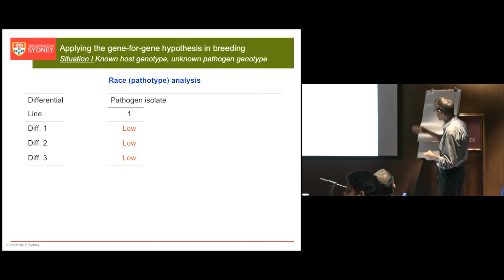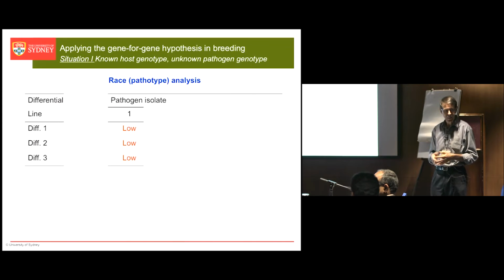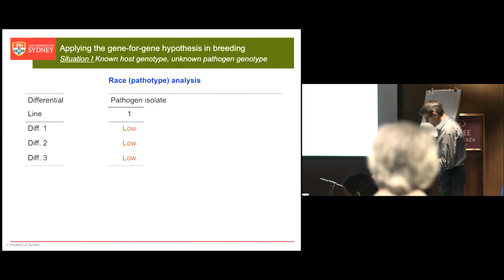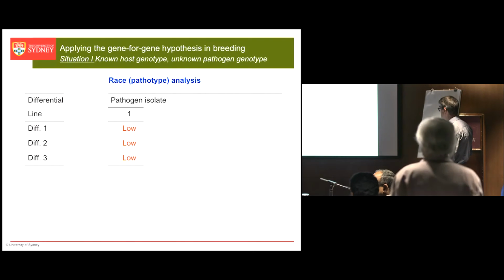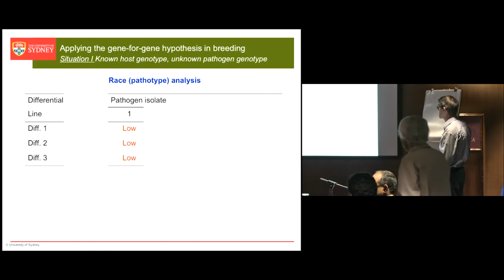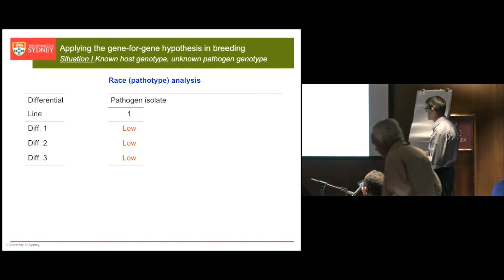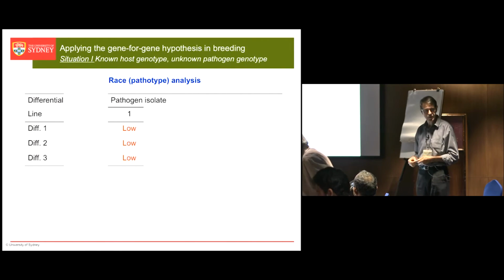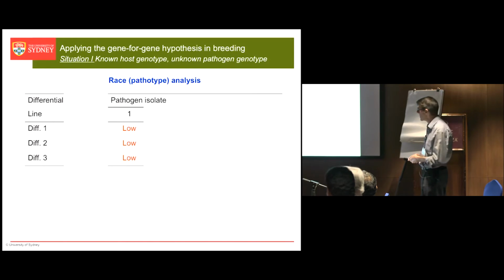The first one, as I said, is known host genotype, unknown pathogen genotype: race analysis or pathotype analysis. Here we have three differential lines. I'm not worrying about what genotype they are, but let's say we already know that each of these three differential lines carries a different rust resistance gene.